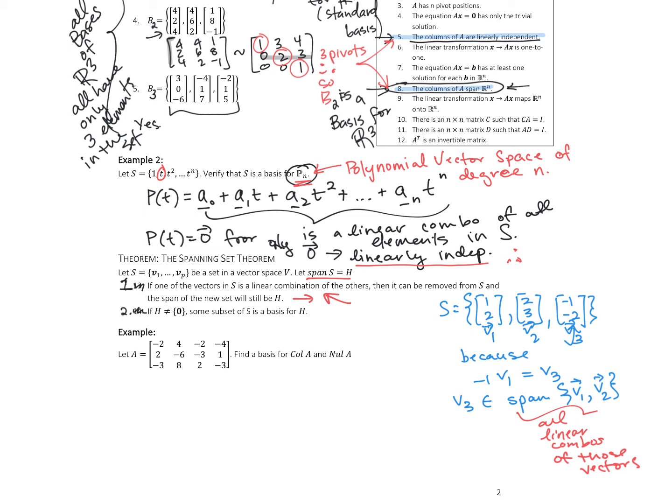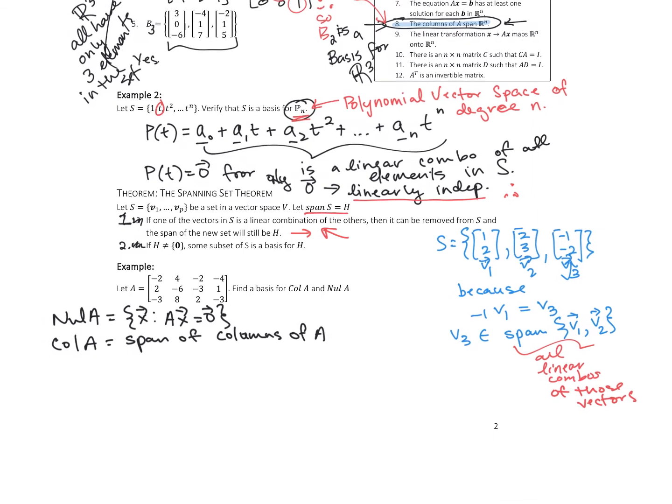But in other words, just because I forgot to include it, the null space of A is the set of all solutions to the system AX equals 0, so the homogeneous system, and the column space of A is the set that spans the columns of A. So this is the span of the columns of A. Okay.